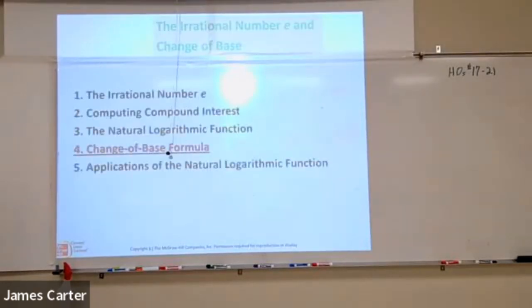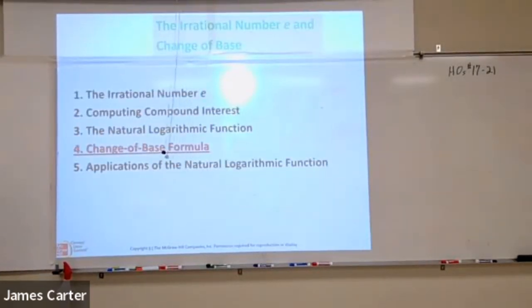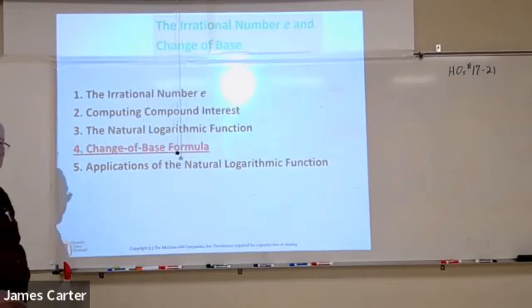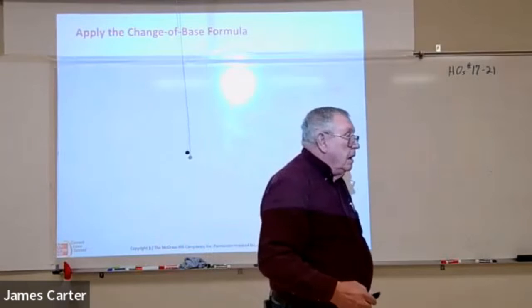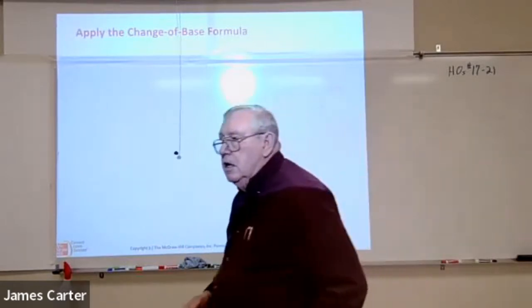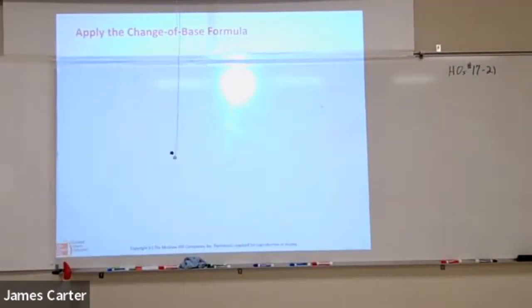Now we're going to do something called the change of base formula. This is on which one of your parts? I think it's on page 20, at the bottom of the page.